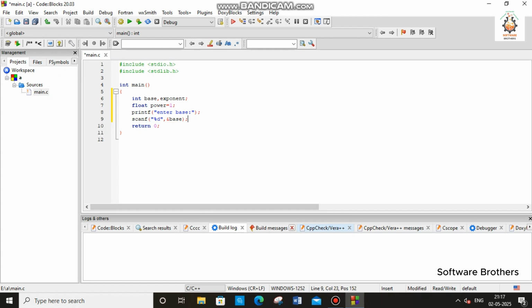Okay, similarly for our exponent part, we should also include the printf line over here, "Enter exponent".